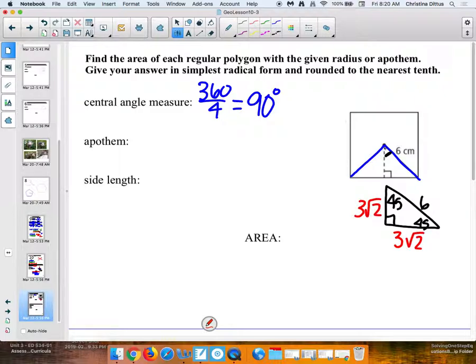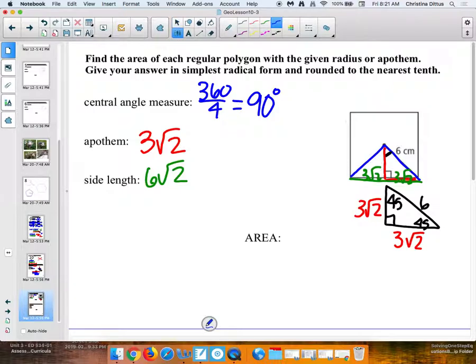How it relates, my apothem is then how big? 3 square root of 2. Here's where it's tricky. This is 3 square root of 2, so my whole side of my square is what? Good. 3 square root of 2 plus 3 square root of 2 is 6 square root of 2.